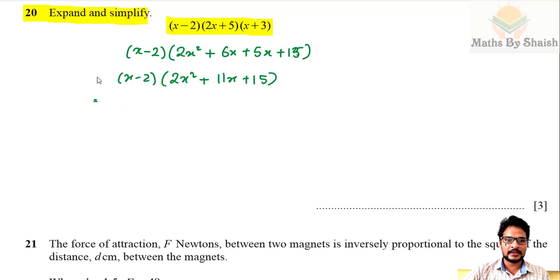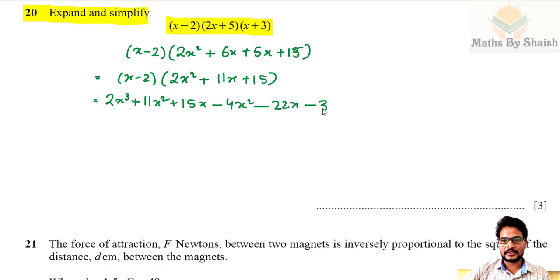With x, if we multiply, we will get 2x cube. 11 into x, 11x square, because one x was already there, and 15 into x is 15x. Now we will multiply by minus 2. Minus means change of sign, so minus 2 into 2 is minus 4x square, minus 2 into 11 is minus 22x, minus 15 into 2 is minus 30.